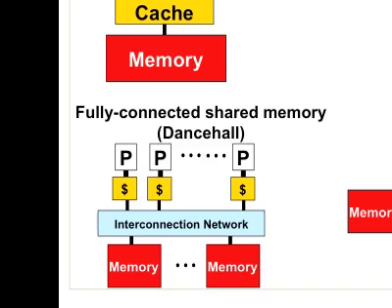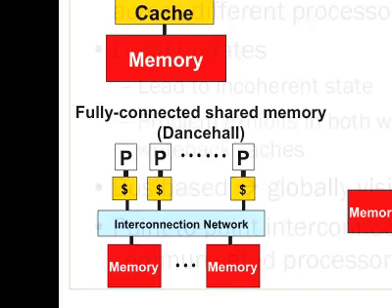But when you have shared memory, the question of coherence comes in, because you have data in these memory units, and you want to make sure that all the processors see the same data for the same location. Even though there may be caches here and there, we want cache coherence control mechanisms to make sure that the view of data for these processors is the same. That's the consistency.